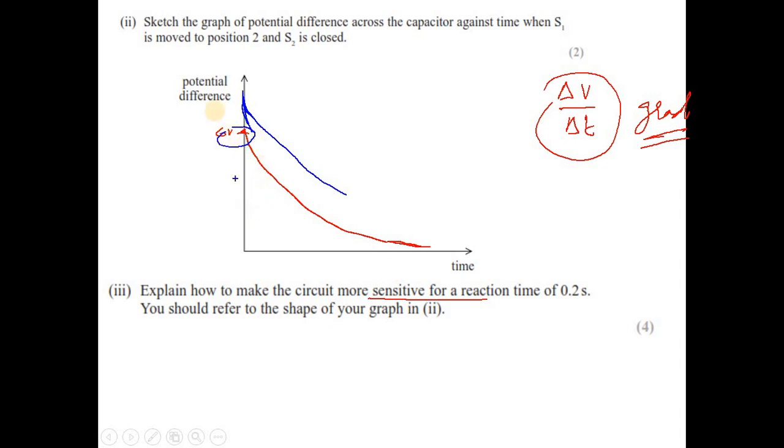So you can increase your initial voltage to make a higher gradient, so the rate of change will be more sensitive, or you can say a larger voltage change in the given interval of time. So it's all about how fast or how slow the gradient is changing. So for this gradient, you need to make your initial voltage higher, or increase your initial voltage or charging voltage.